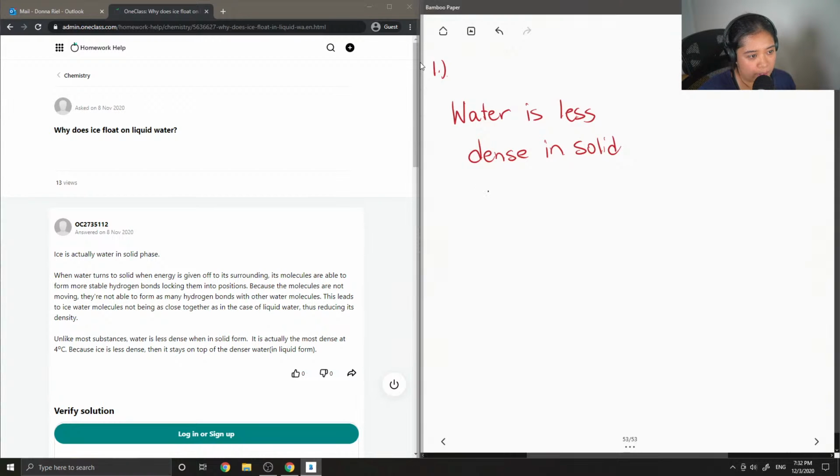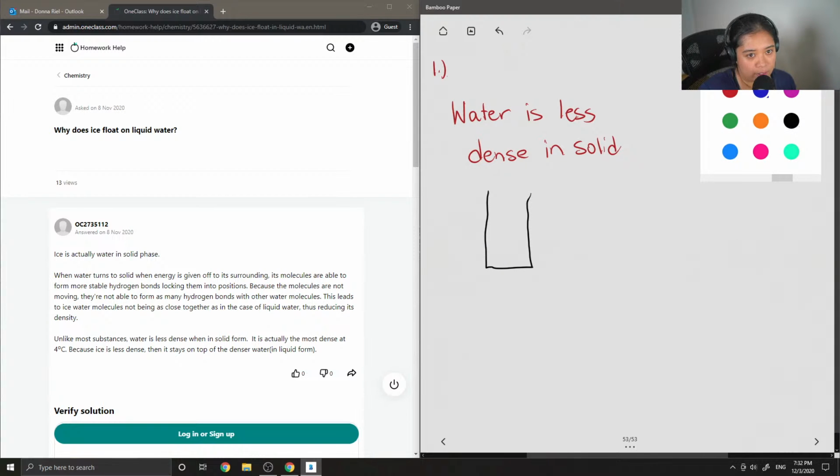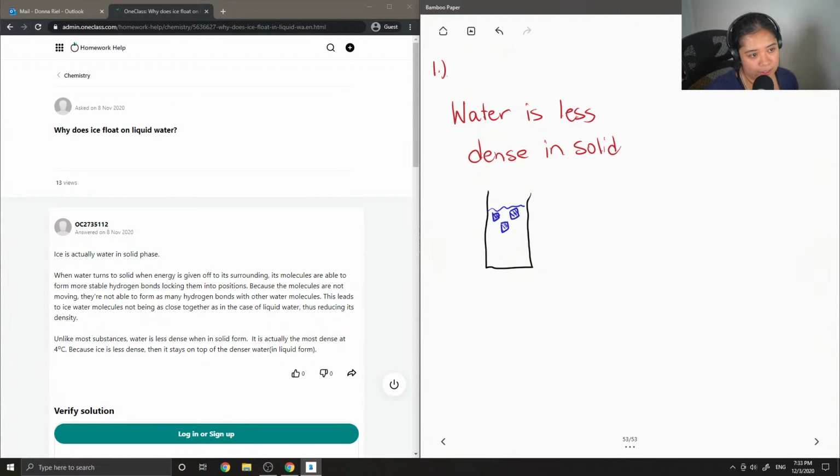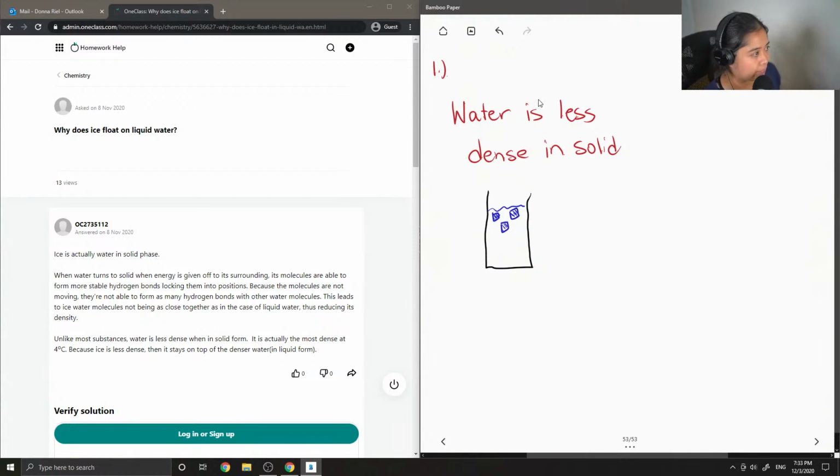And this is a good question because if you notice a glass of water with ice cubes, they always float to the top. Even though they have the same chemical formula, H2O, the fact that it's in its solid state changes the density of water, making it less dense than it is in liquid form.